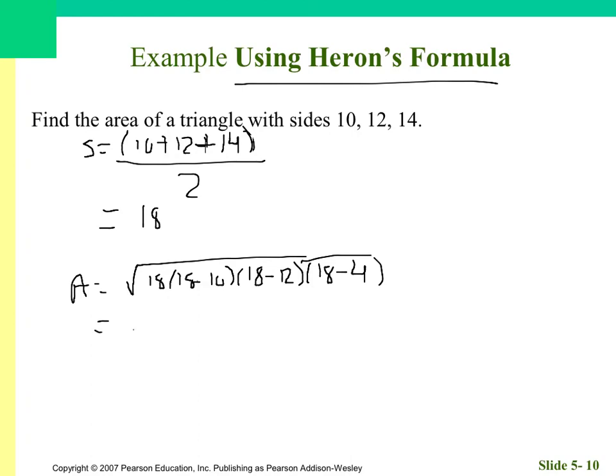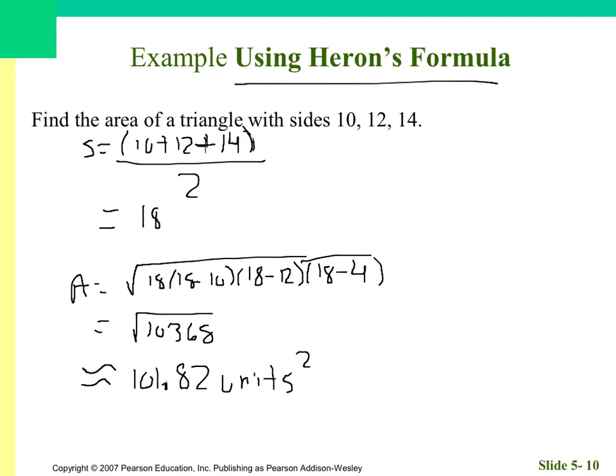So I have the square root of 10,368. So it's approximately 101.82 units squared.